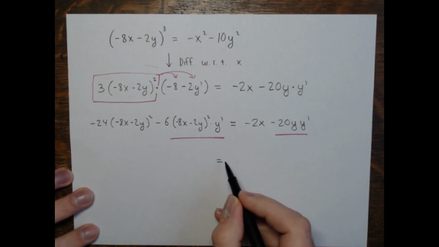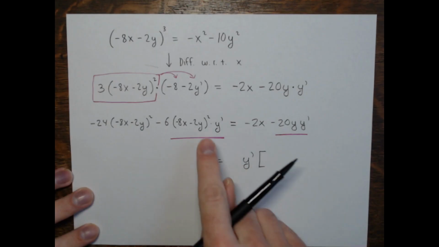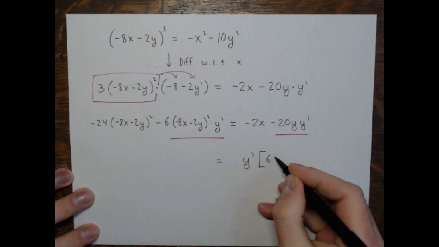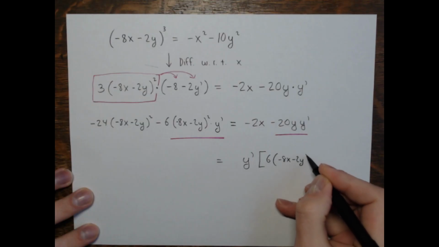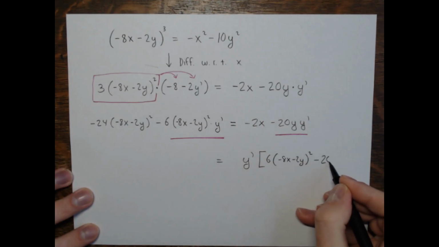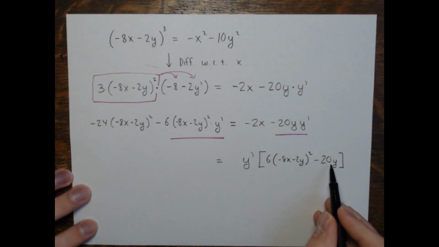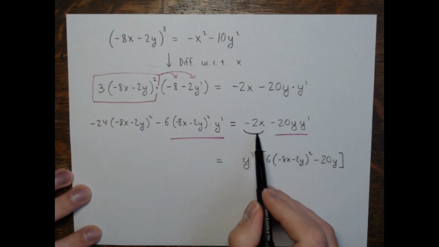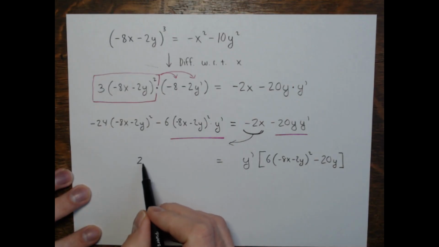So say I were to gather the y primes on the right. So I'd have, add 6, so it'd be +6 times this -8x minus 2y squared, and then minus 20y. That's what I'd have left over from those terms after factoring out y prime. And then the -2x here, the term without y prime, I'm going to add that to this side and get +2x.